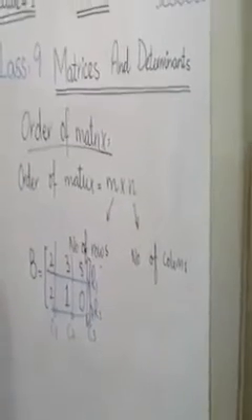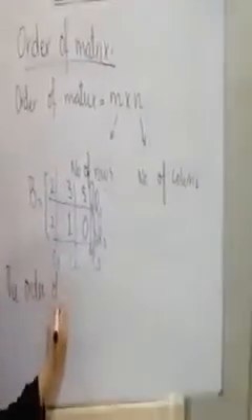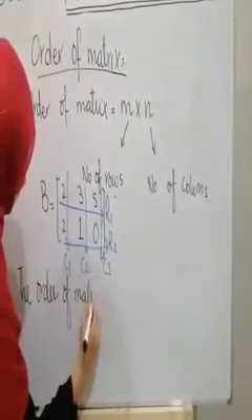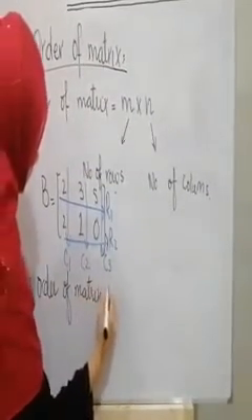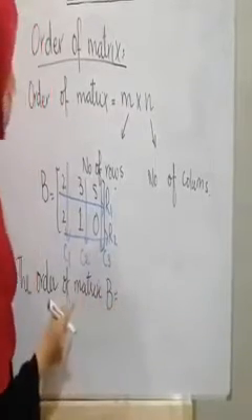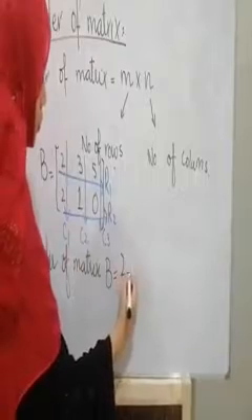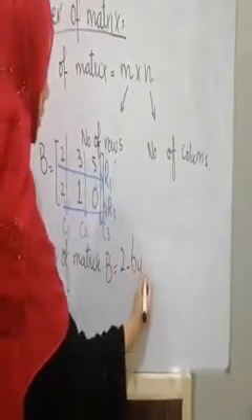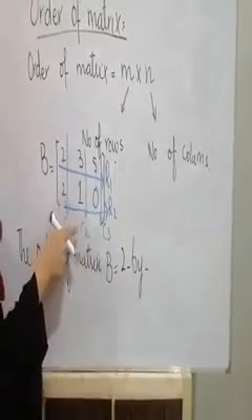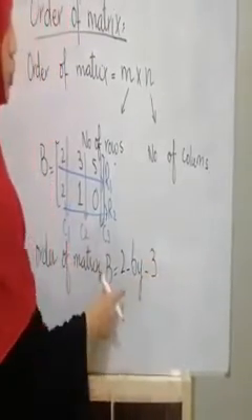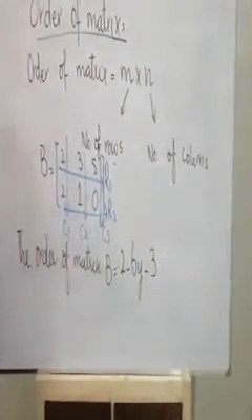So the order of matrix B will be, first we write the number of rows, which is 2, by, and then the number of columns. There are 3 columns, so the order will be 2 by 3.